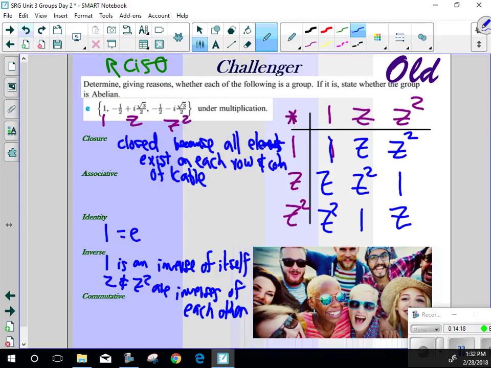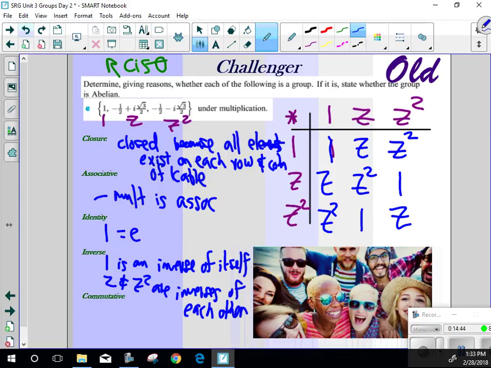What about associative? Multiplication is associative. With 3 times 3 times 3, you could do 27 checks if you want. We'll leave that up to Vishal. He'll take care of that for us. How about commutative?